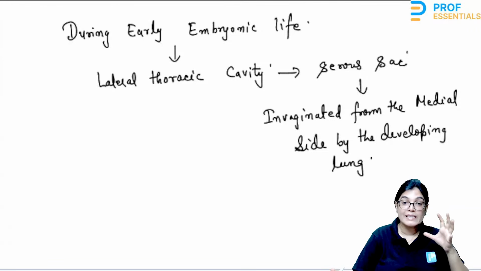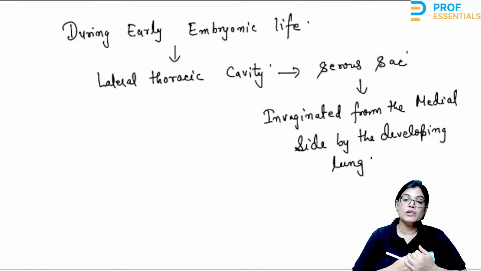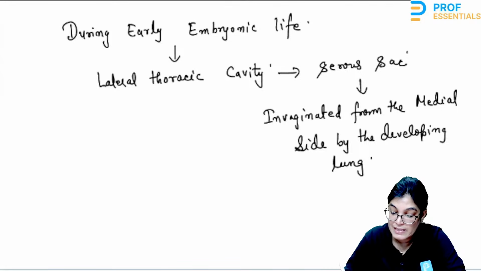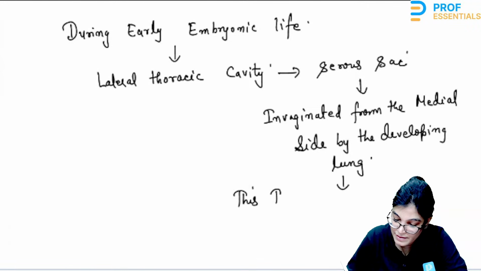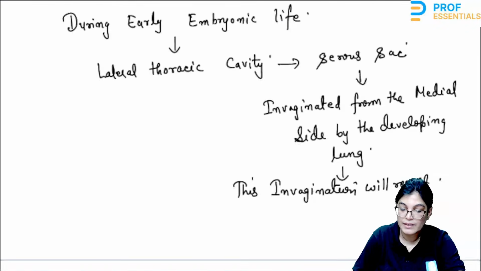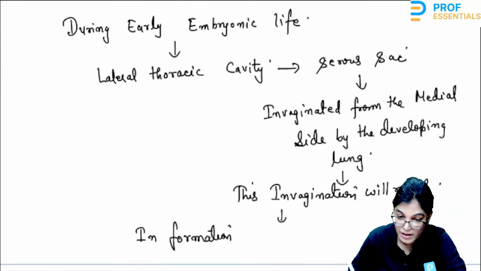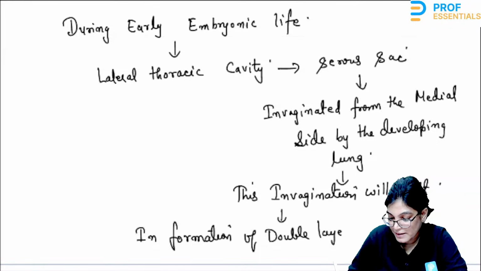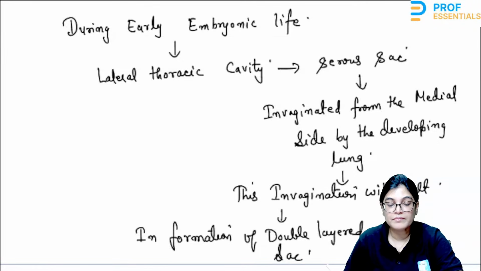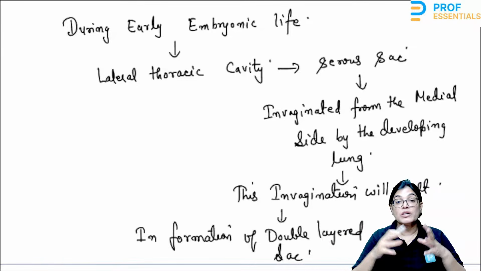Because of this developing lung bud, and because of this invagination in the serous sac from the medial side, there is formation of a double layered sac.